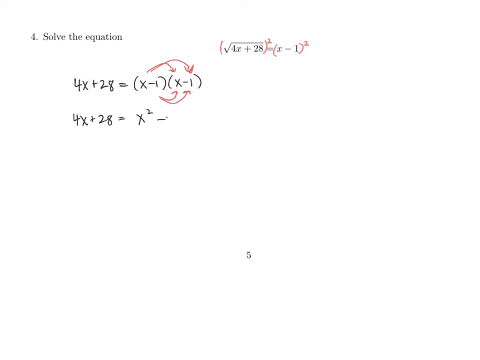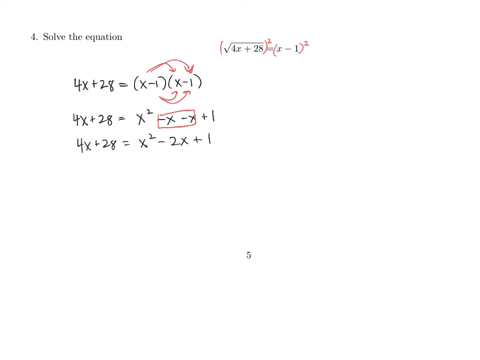X times negative 1 is negative x. Negative 1 times x is negative x. And negative 1 times negative 1 is positive 1. Combine like terms. Okay, so we have 4x plus 28 is equal to x squared minus 2x plus 1.